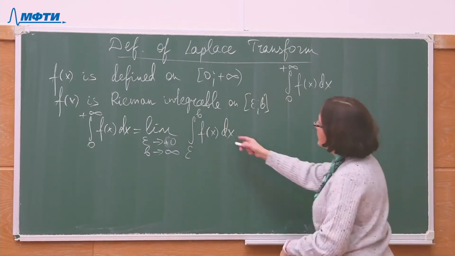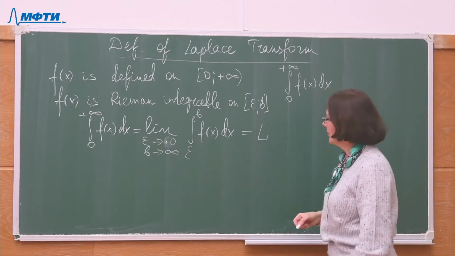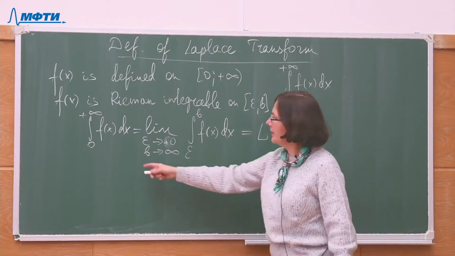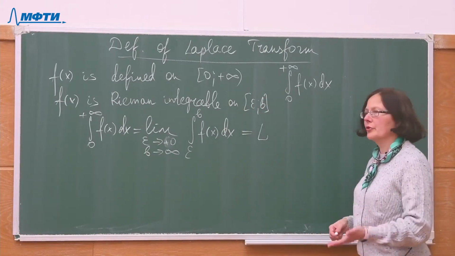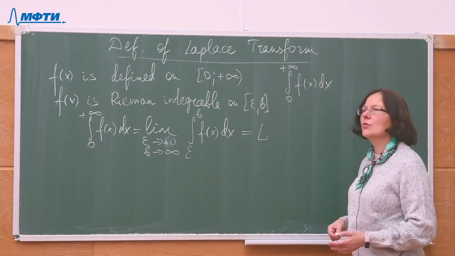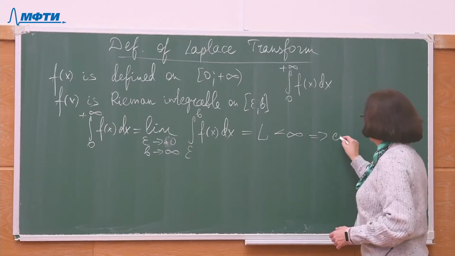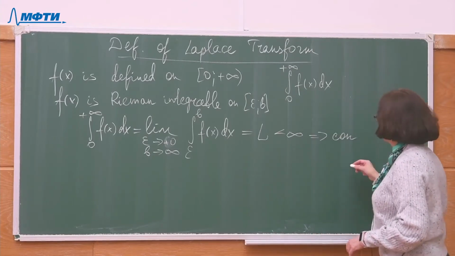So if this limit exists and is finite, say equal to L, then this improper integral is called convergent, or we will say that it exists. Otherwise, it is called divergent.